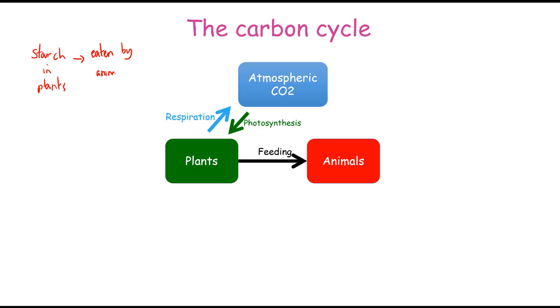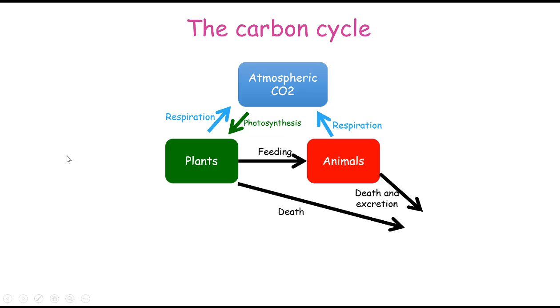Now, what do the animals do with that? They digest the starch, break it up into glucose, and then they can use the glucose for respiration because, of course, they're living things, so they have to respire.